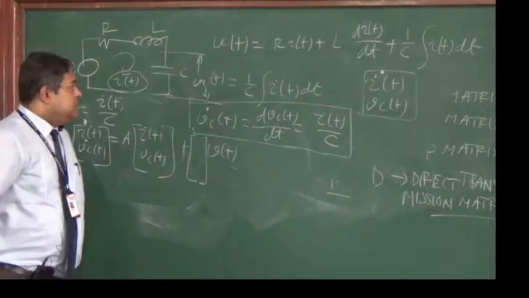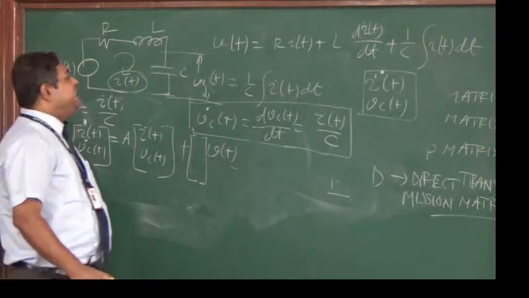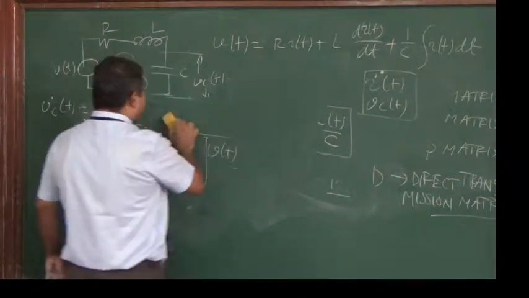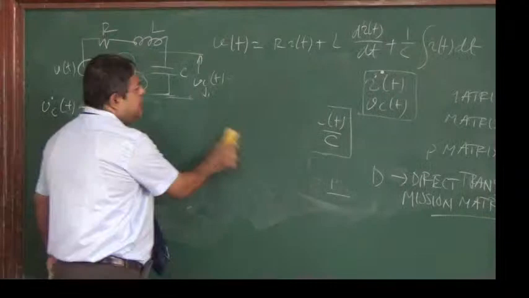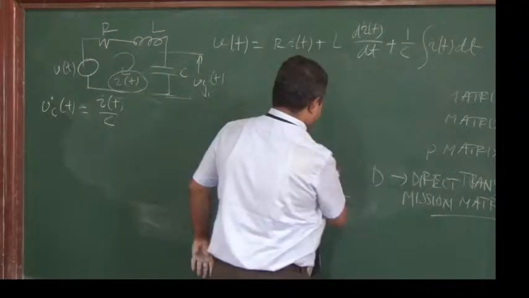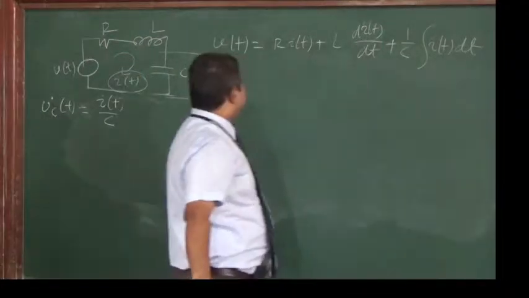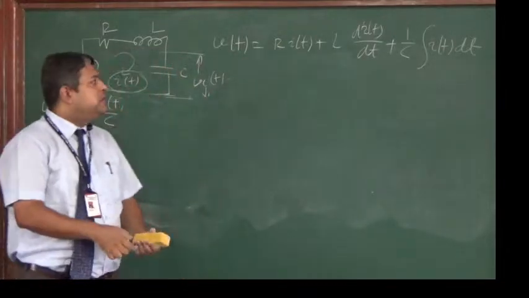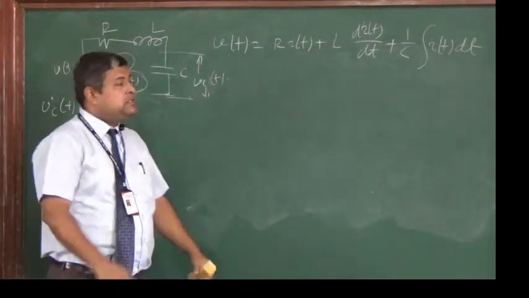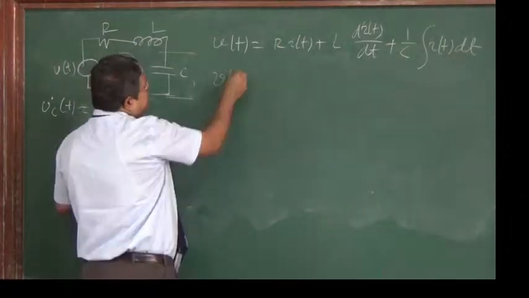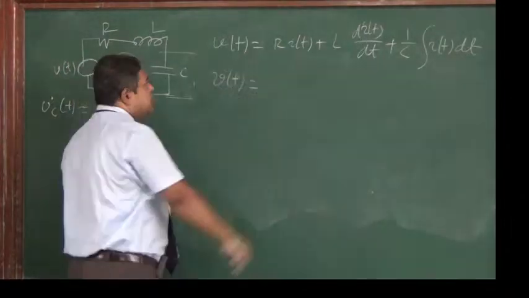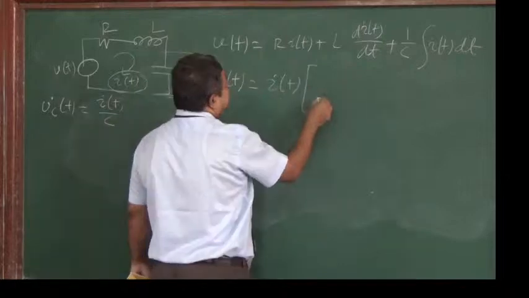So vc dot is equal to this one. Let us find out how we can find i dot. Look at the top equation and see if i dot is there anywhere. Just take some time and find out from this very basic system equation how we can change it. So v(t) will be the same, I am rewriting this equation: v(t) is equal to v(t). Take it outside. What are you finding?